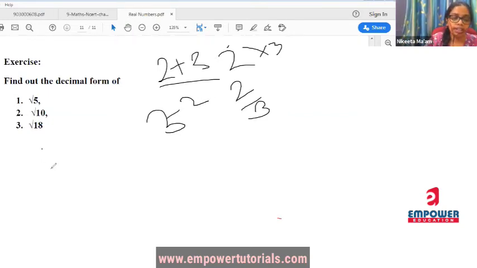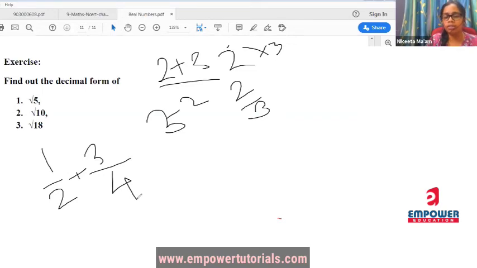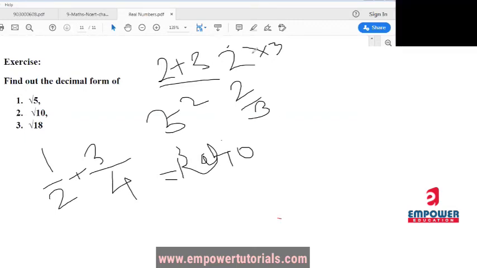Also, if they are in fraction form, we can add and subtract them. We can do all mathematical operations using two rational numbers, and we will get the answer in rational form. Yes, the answer of all these operations will be a rational number.